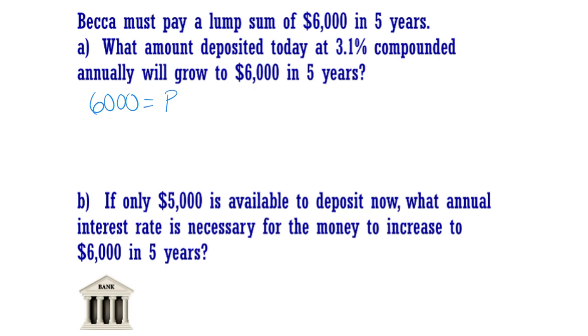So I'm solving for P. In parentheses, it's 1 plus the interest rate, 0.031, divided by the number of times compounded each year. Well, it's compounded annually, so that means once, raised to the 1 times 5.